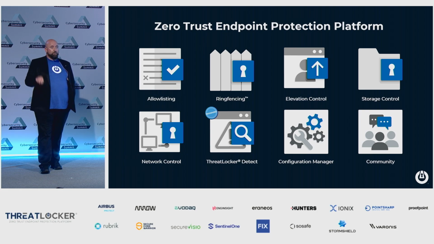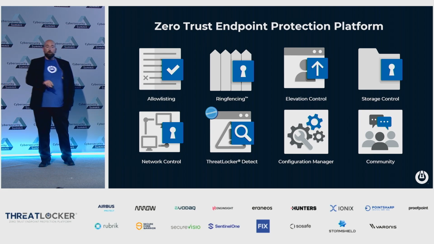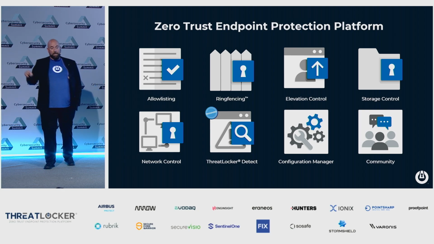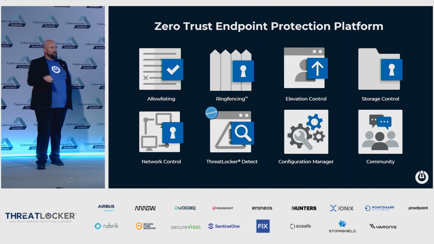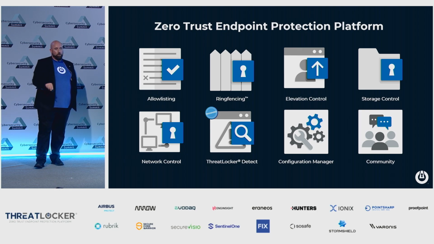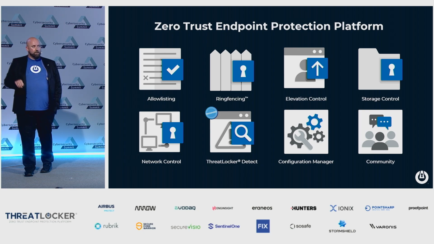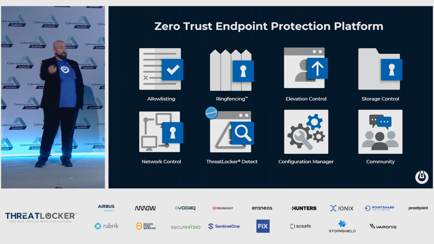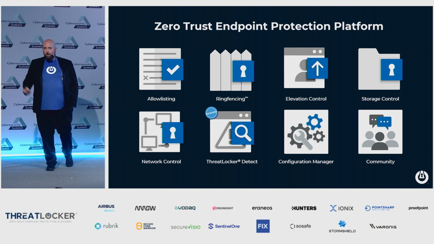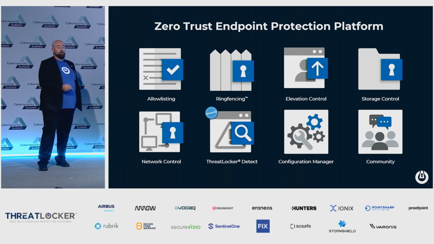Now the problem is, in most environments, everything that runs either on a backup server or on the network is allowed to access a backup repository. But when you think about it logically, why would anything other than your backup software need to access a backup repository? So block all programs, all software from accessing something like a backup repository, and it's not going to be possible for them to delete it, to encrypt it, to take it out of play.